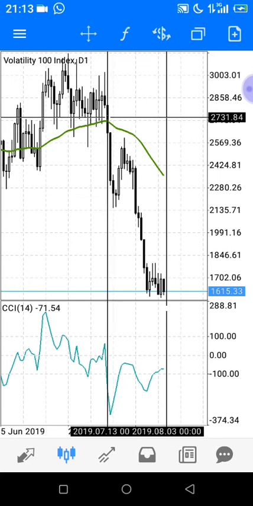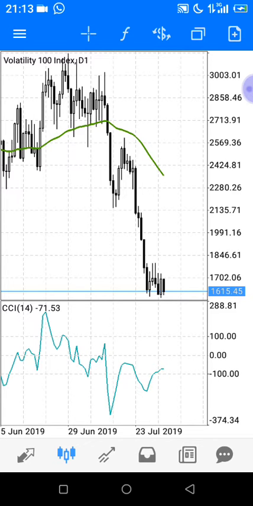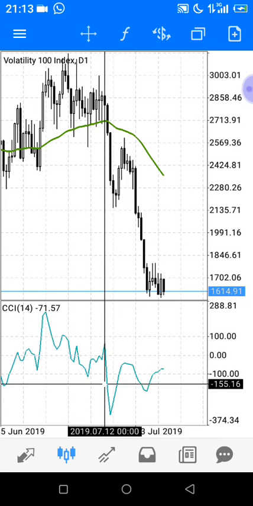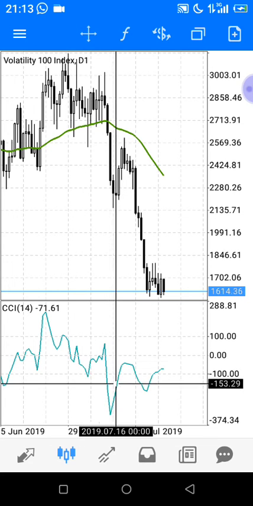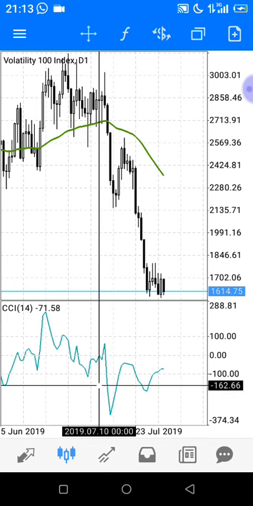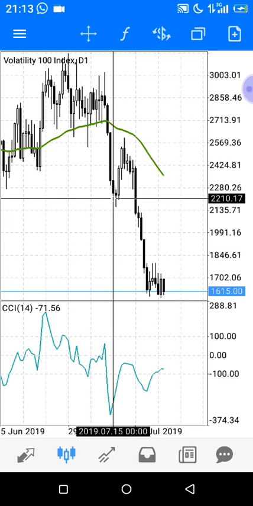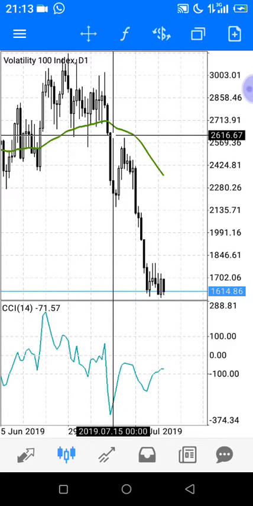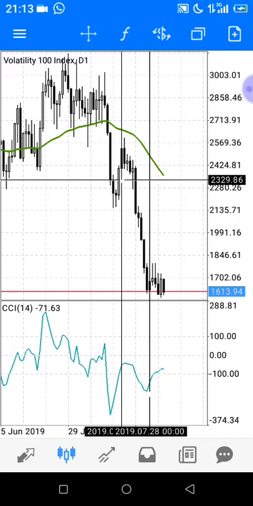And also the second condition was that the value of the CCI should be in any range from minus 100, and as you can see on this day it was. So here it should have ended as a sell, and as you can see the market did sell and it continued to sell for quite a number of days.